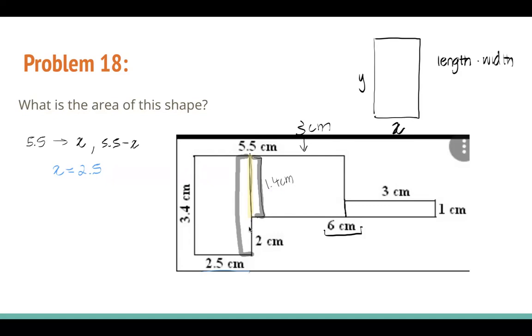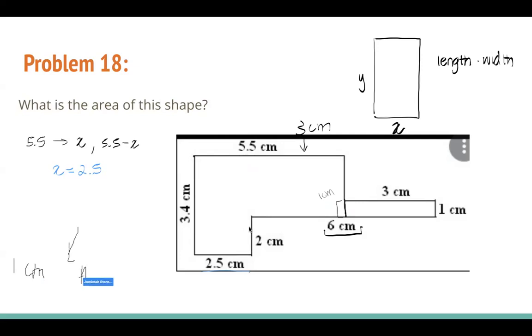Okay. So last question. This one should be sort of easy. What about this side? What's the length of that side? One centimeter. Yeah, it's 1 centimeter. Okay, so now we have all of our rectangles, right?